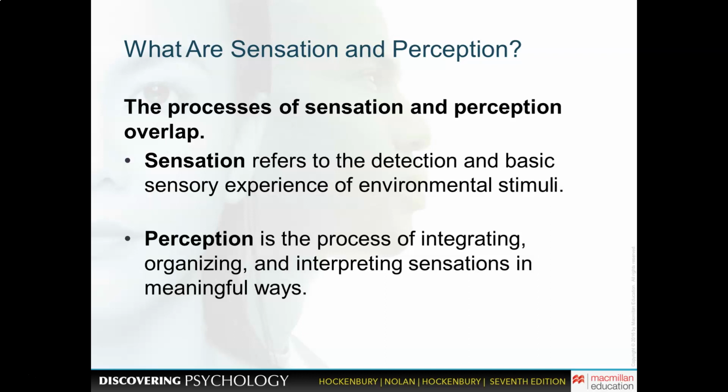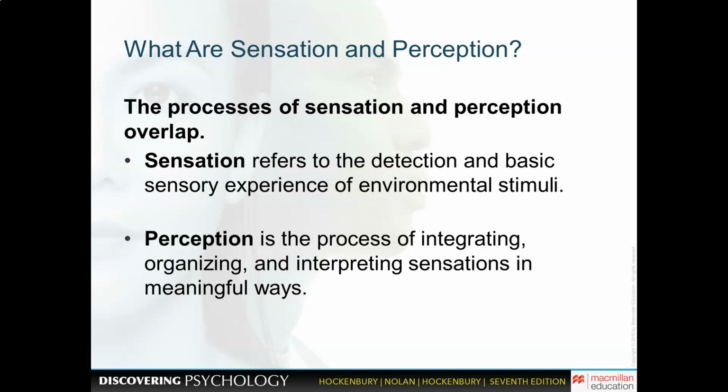So basically, sensation means environmental stimuli. That can be everything from an auditory sound, something we hear, something we see, something we smell, something we touch. That process refers to sensation.